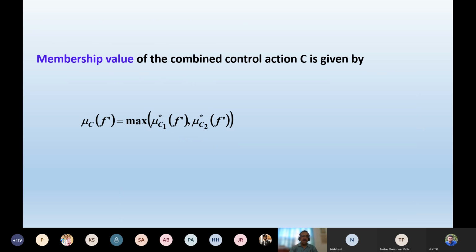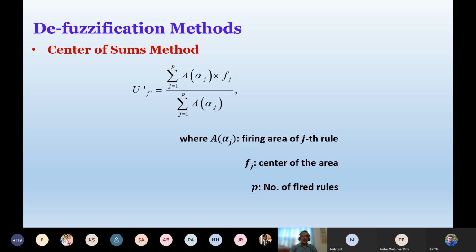As I told in the last class, it is very simple. According to the center of sums method, corresponding to the first fired rule, we try to find out the area of the truncated triangle, which is nothing but the trapezium. All of us know how to determine the area of the trapezium.